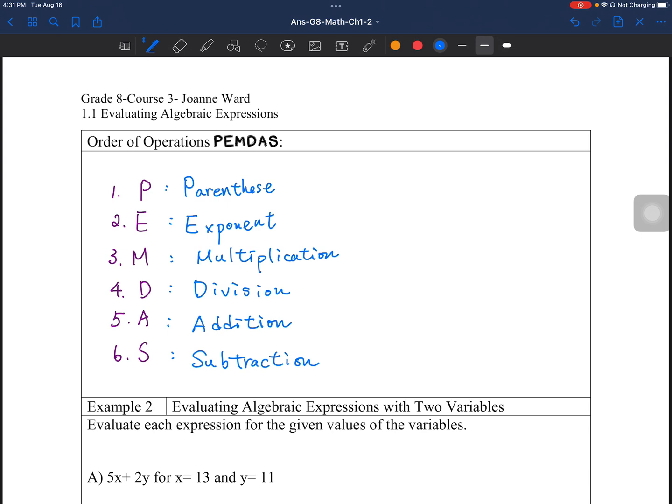So I go from parenthesis to exponent to multiplication to division to addition to subtraction.